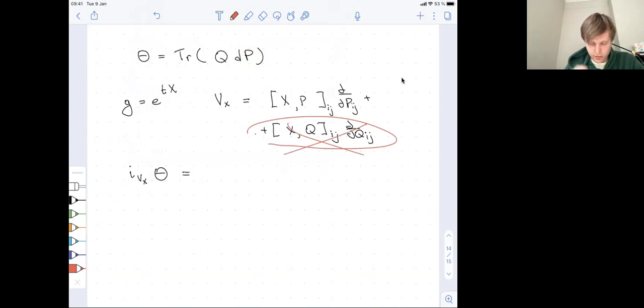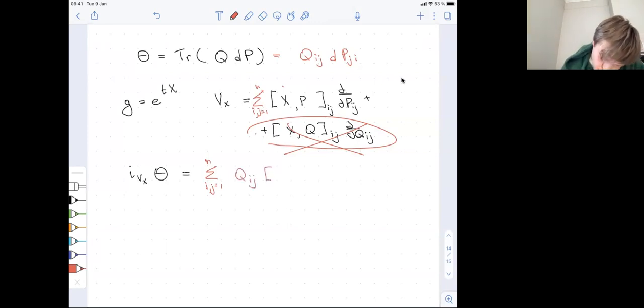Now the Liouville form is written as the sum over i and j from 1 to n of Q_ij dP_ji, and inserting the vector field, I have the sum over i, j from 1 to n of Q_ij with the commutator of x and p, but now since I have the index ji here, I should write it here also, right?